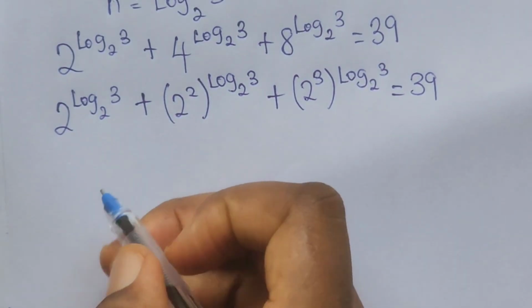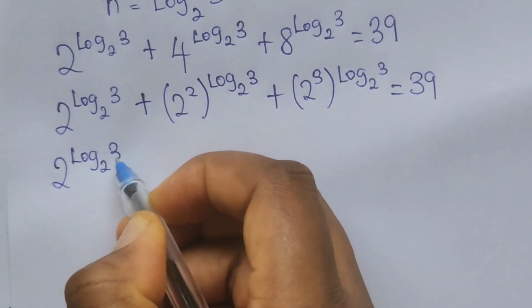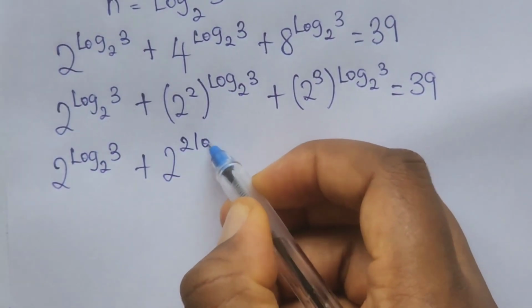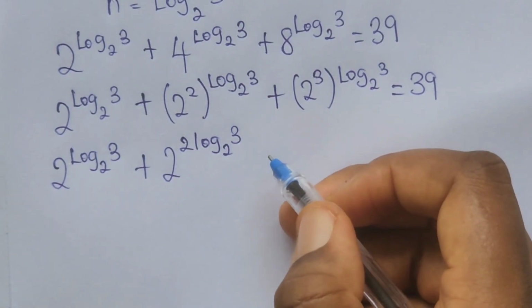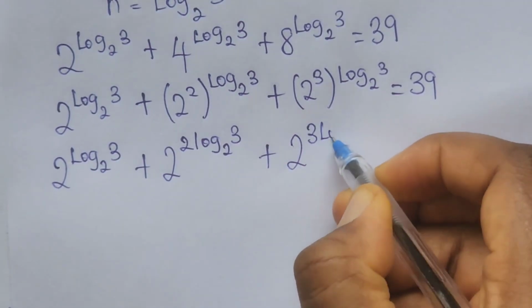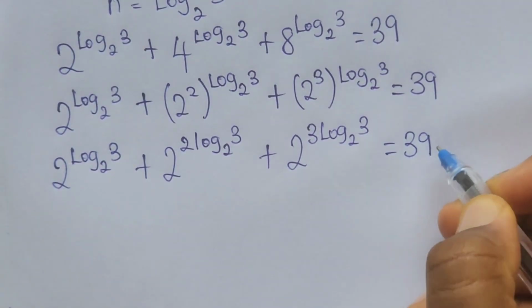So from here we have 2 to the power of log base 2 of 3 plus 2 to the power of 2 times log base 2 of 3 plus 2 to the power of 3 times log base 2 of 3, which is equal to 39.